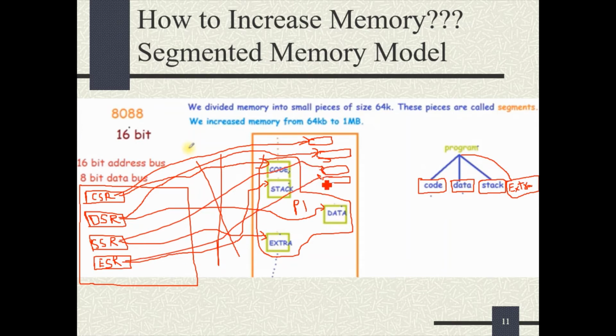So the segment registers of the processor keep track of the starting locations of the segments in the memory of the process which is currently being executed on the processor.